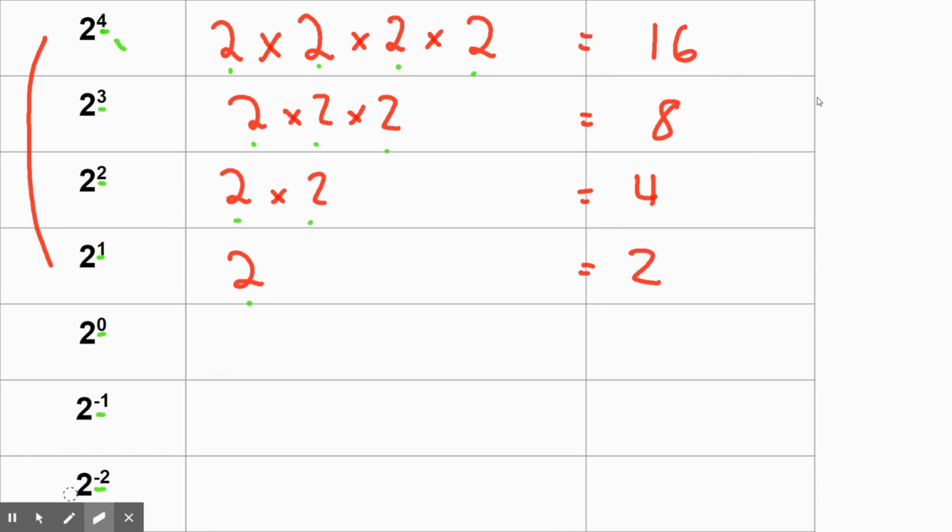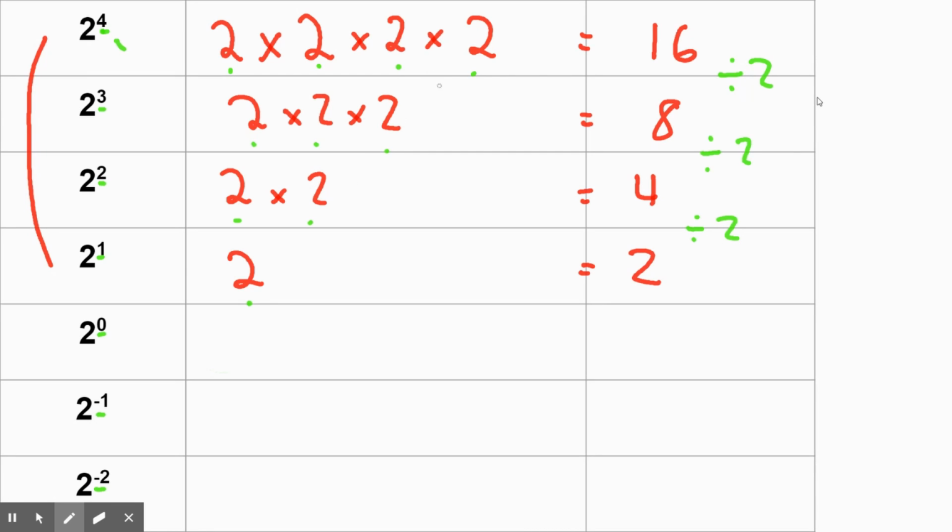There's another pattern that we could use. Well, maybe we could divide by 2. So if we divide 16 by 2, we get 8. Let's see if it works again. 8 divided by 2 is 4. Cool. 4 divided by 2 is 2. Okay. So this pattern seems to be working.